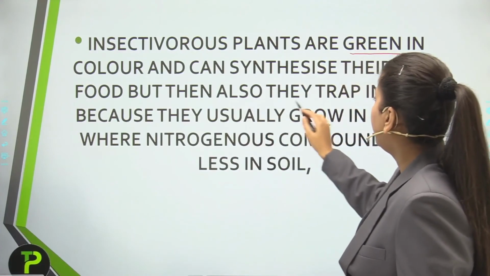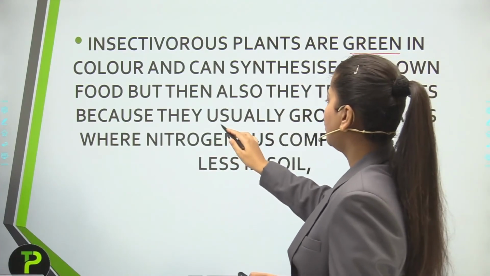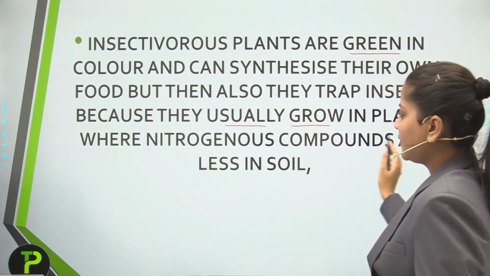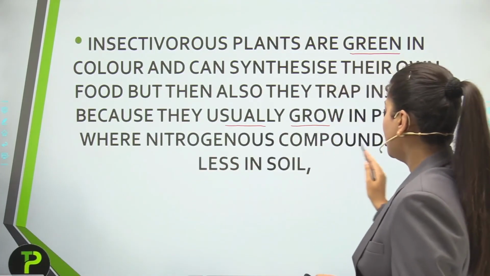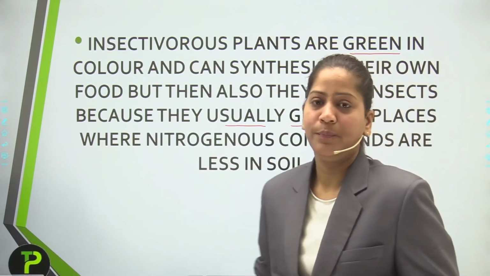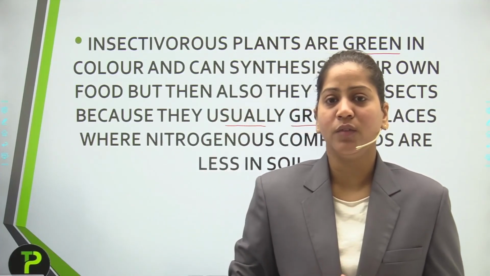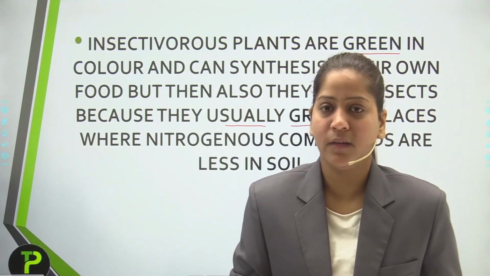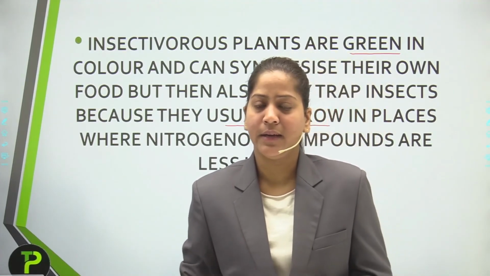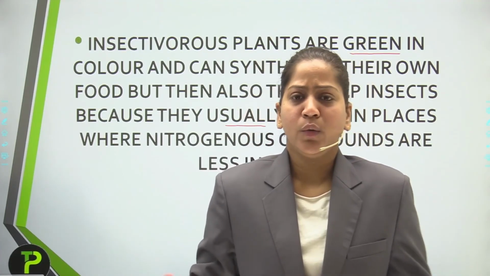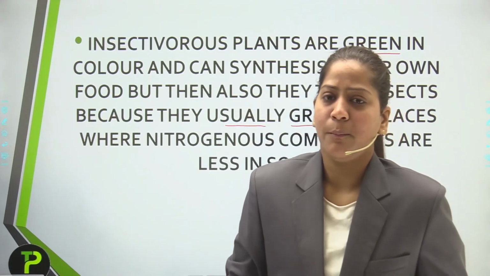even then they trap insects because they usually grow in places where nitrogenous compounds are less in the soil. If a plant is planted in soil where nitrogenous compounds are low or nil, then where do they get nitrogenous compounds?